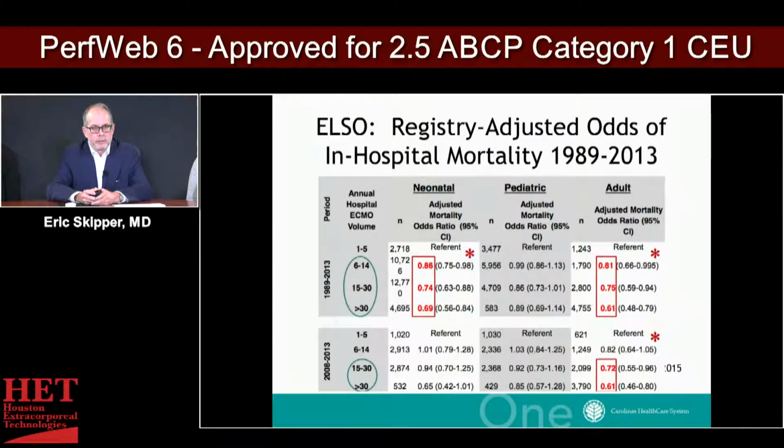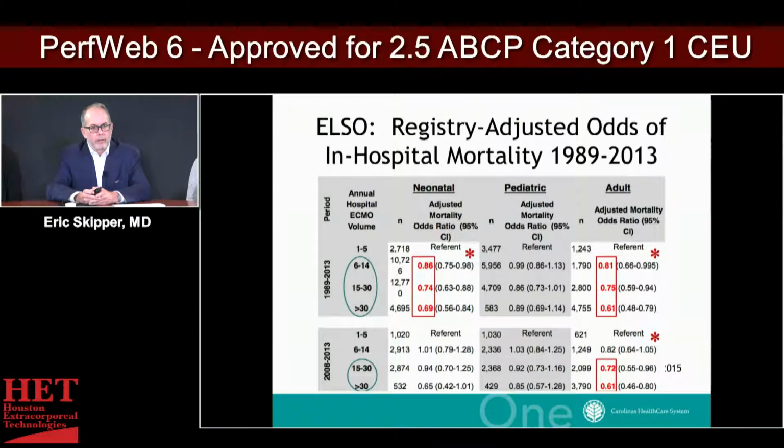And what one sees is that if one looks at the top part of this graphic or set of tables, as you increase the number of ECMOs performed at a hospital, you typically see a drop in the O to E ratio, i.e. an improvement in outcomes.